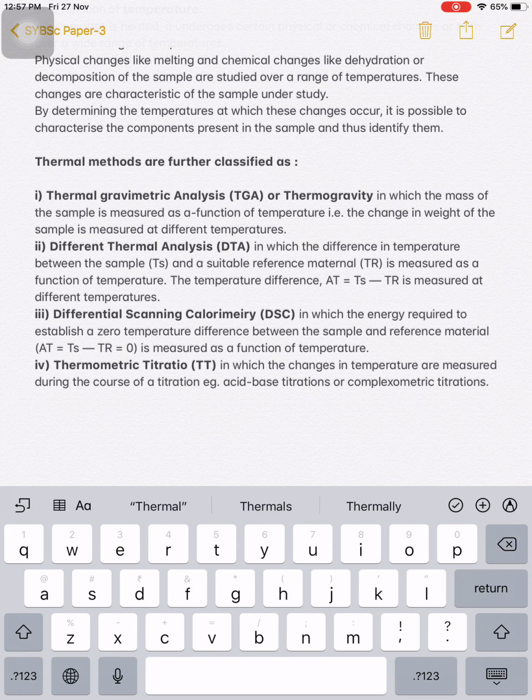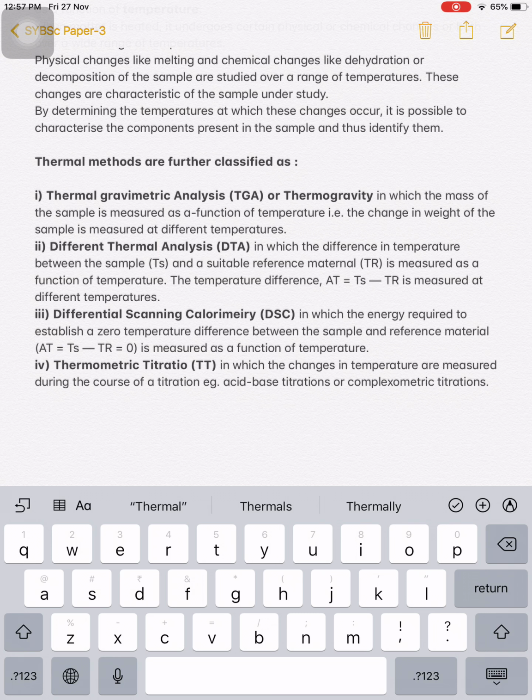The second is differential thermal analysis, that is DTA. So in this case, the difference in temperature between the sample and a reference material is measured as a function of temperature.